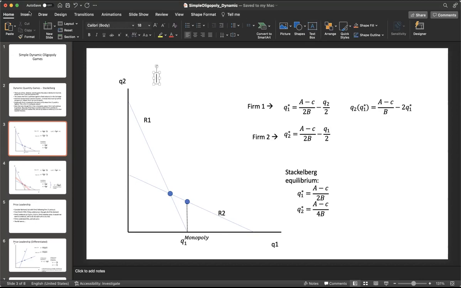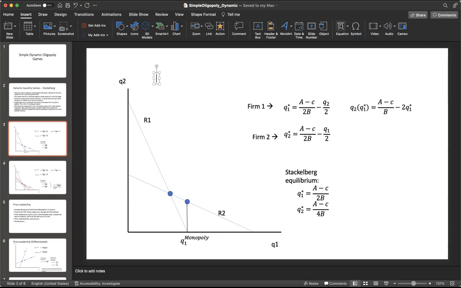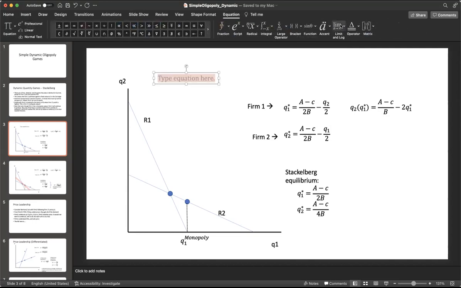And ano ba tayo? Insert equation tayo. Right? So this is profit of 1. And may laman yan. We'll skip it. Okay? So this is just gonna be A, well, gayahin natin to. A minus B Q1, remember?